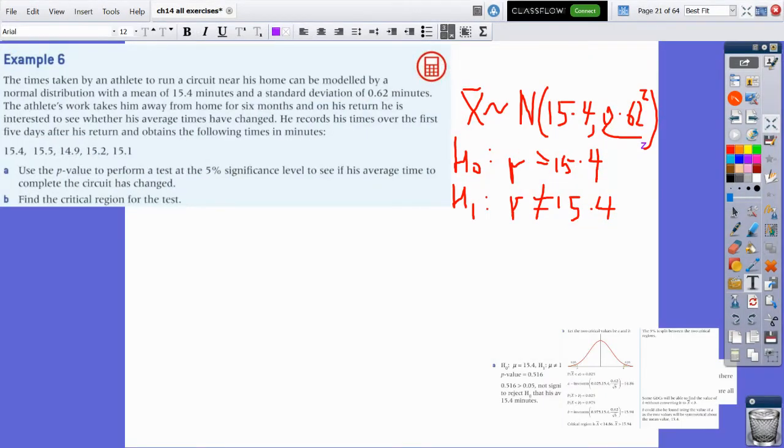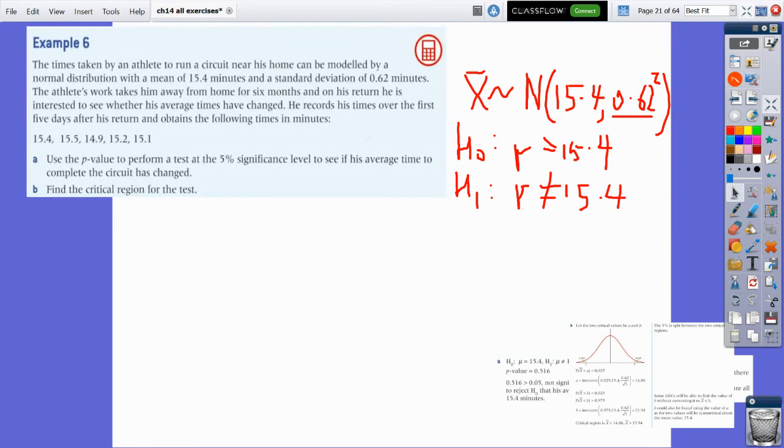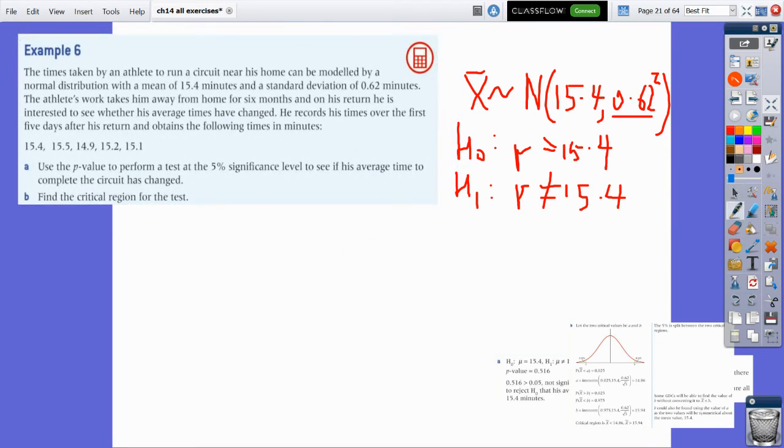So that's going to be divided by 5, because there's 5 bits of information. Remember that the standard deviation is going to be 0.62 divided by the square root of 5.